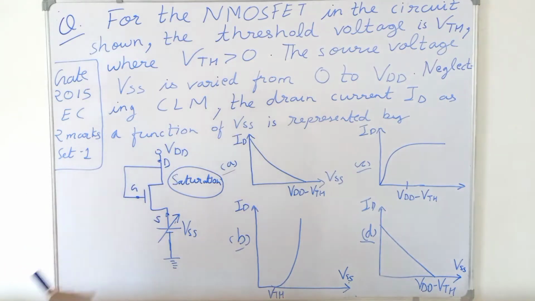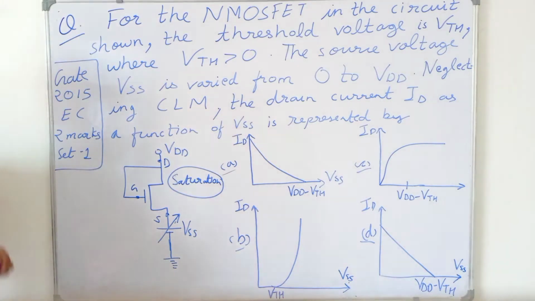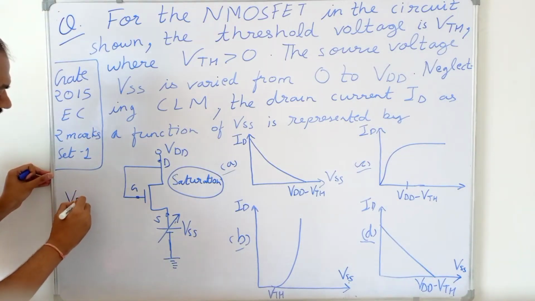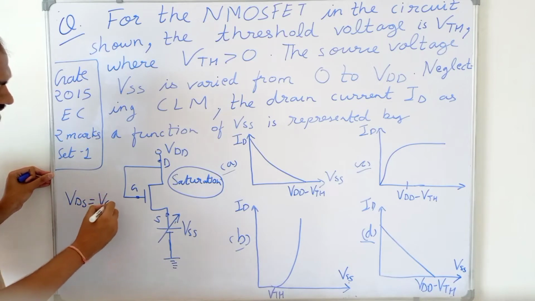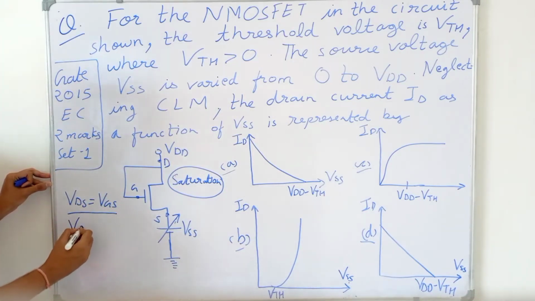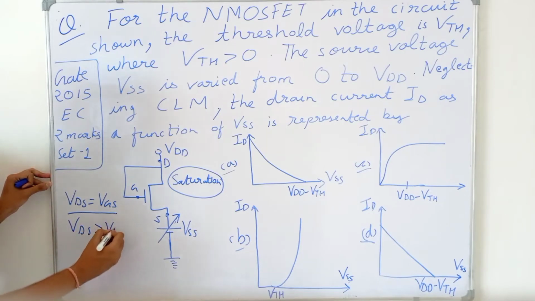This circuit has come in other gate exams also, so remember that this MOSFET always operates in saturation mode because VDS will obviously be greater than VGS minus VTH. In this circuit, VDS is equal to VGS.